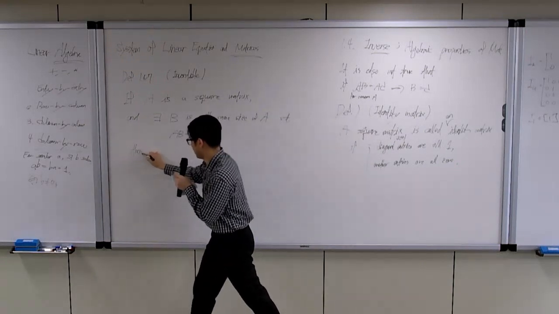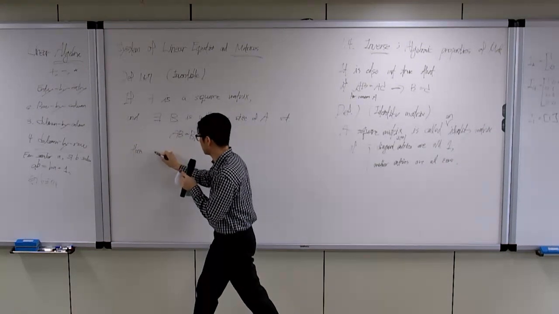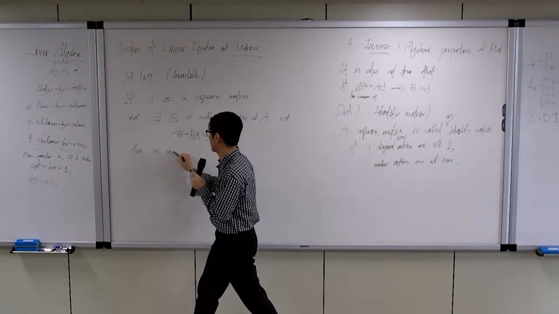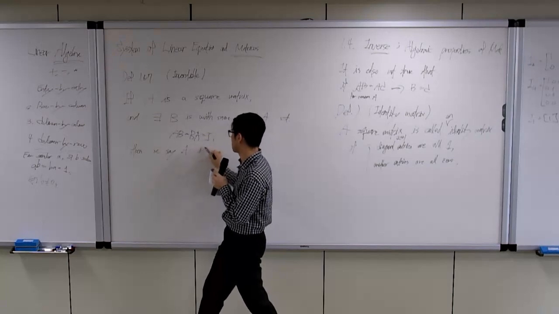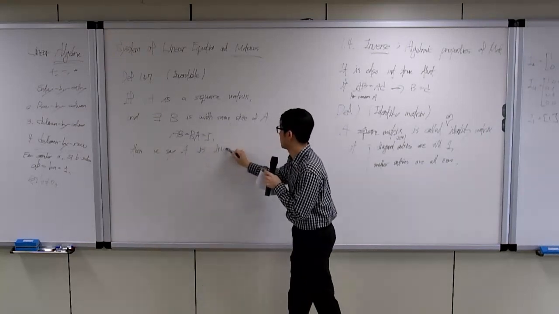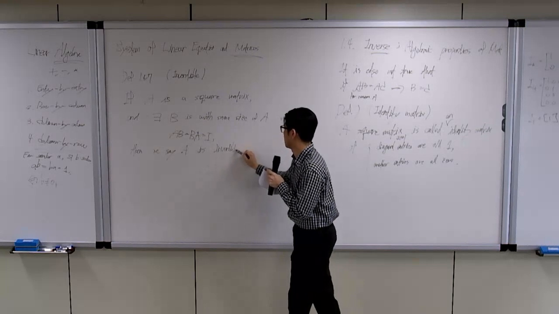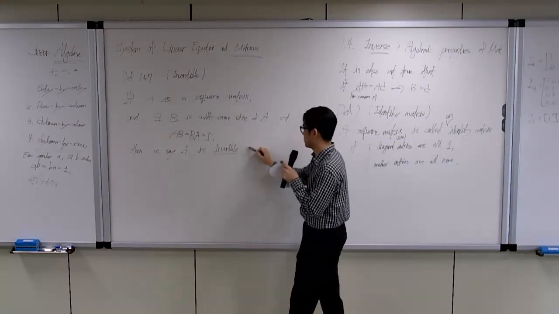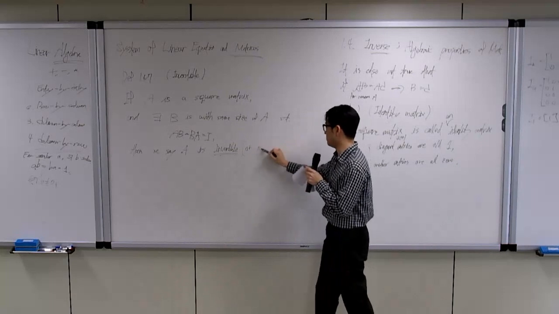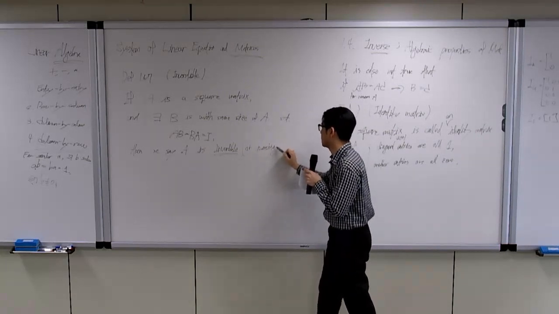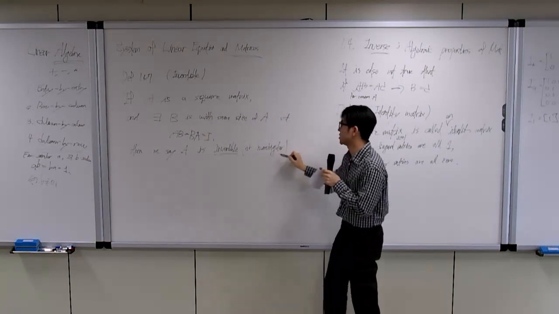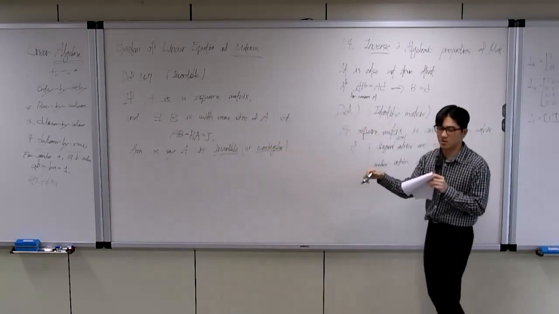Then we say A is invertible, or we say non-singular, and it is a more geometrical term.